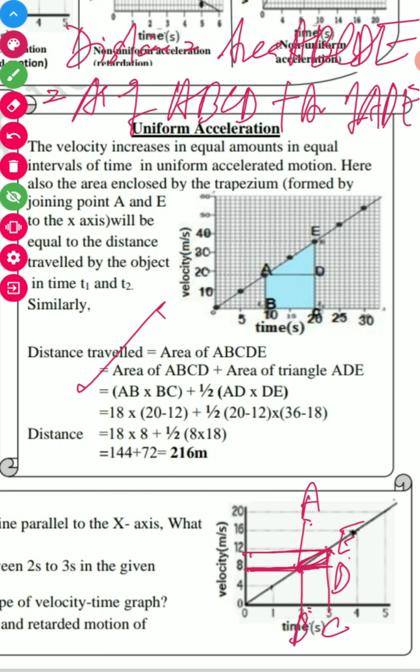Now how will we calculate? First we will take the area of rectangle ABCD. For that we have this 8 into 3 minus 2, plus half into base.